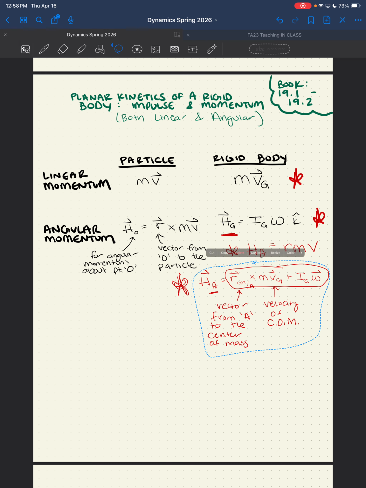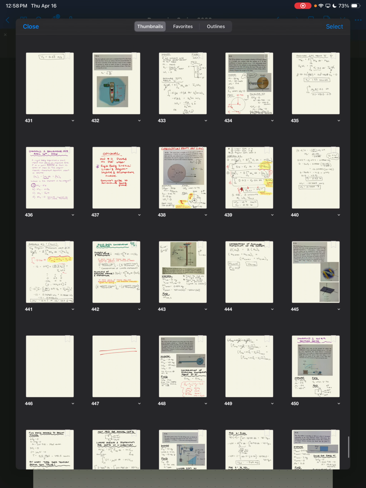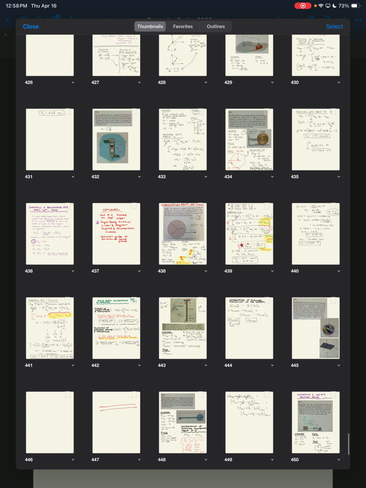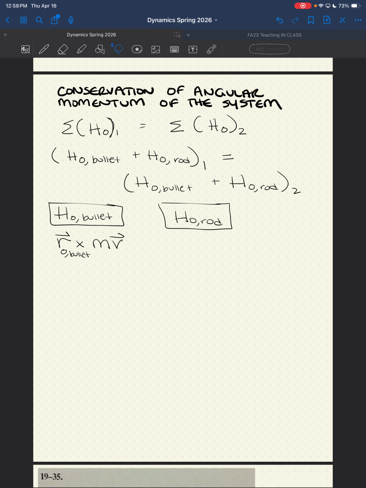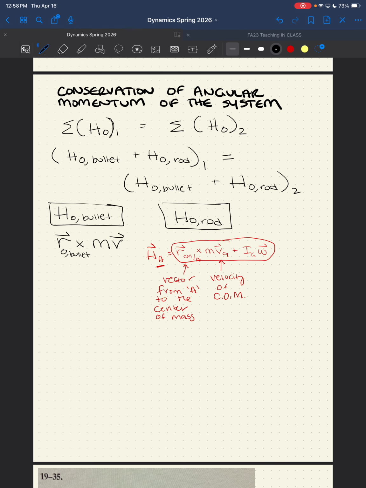It's like minus 0.75 j, cross with the mass of the bullet times the velocity of the bullet, which we've already written as a vector.